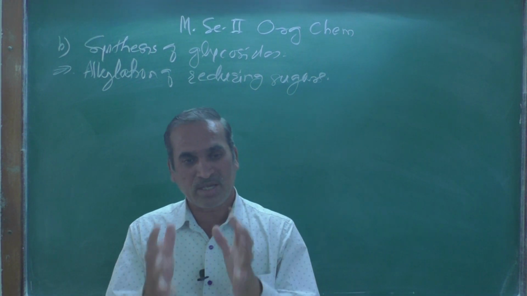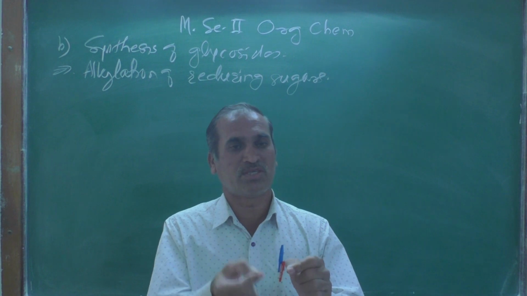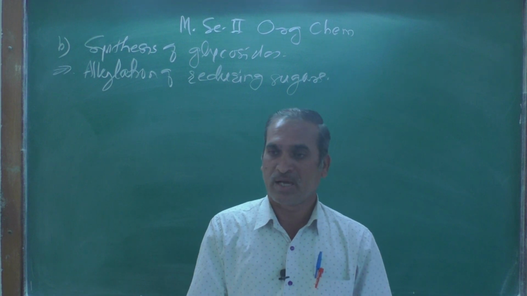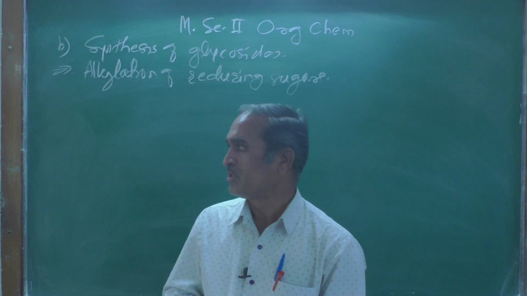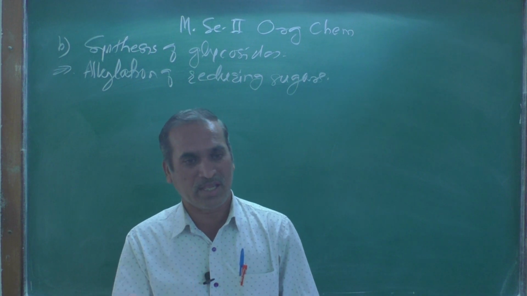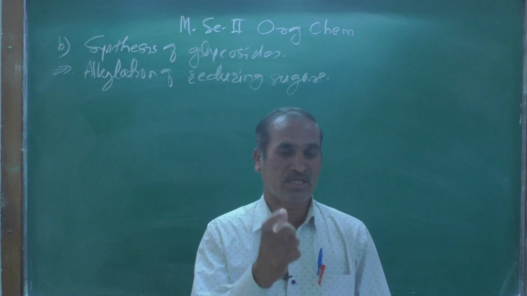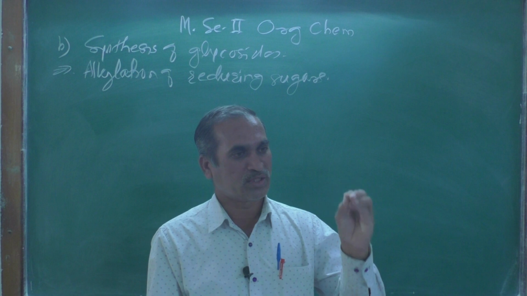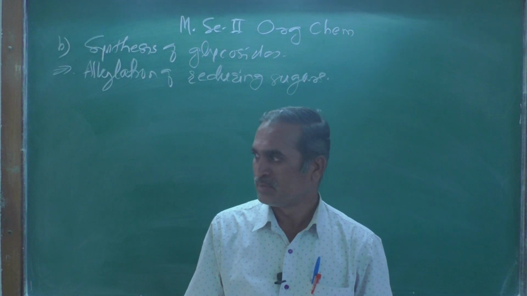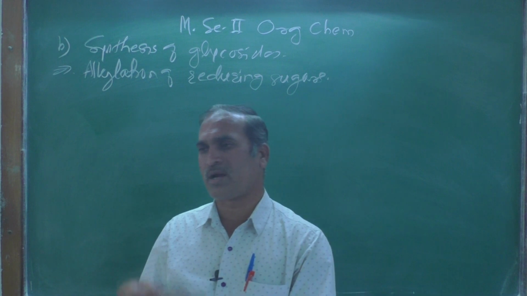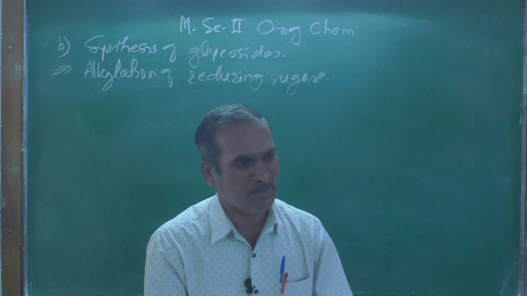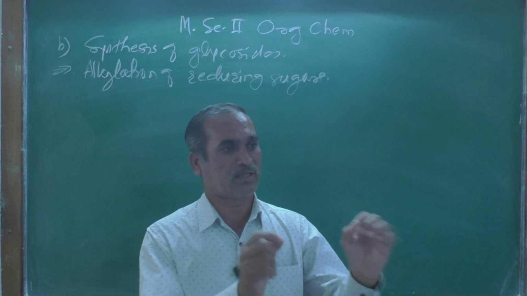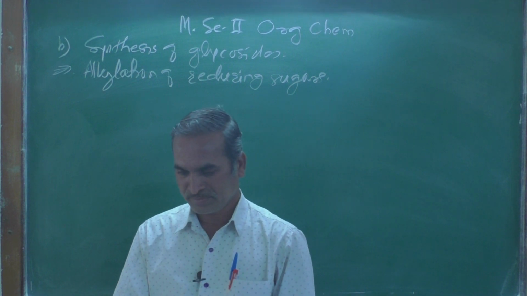If there is a hemiacetal structure, it immediately opens the chain, meaning there is an aldehyde group. The aldehyde group can give a positive Tollens' reagent test as well as Fehling's test. These two tests are positive for that sugar unit. So that kind of sugar, whether a monosaccharide, disaccharide or polysaccharide, shows reducing property, meaning they are reducing sugars.